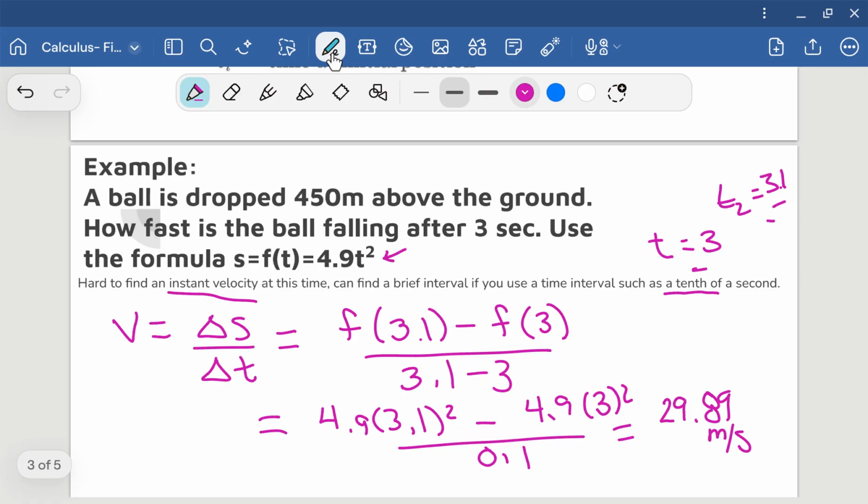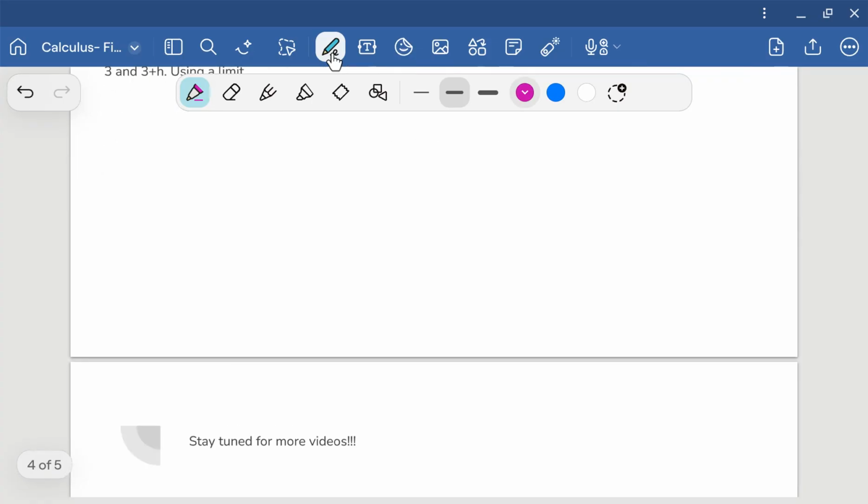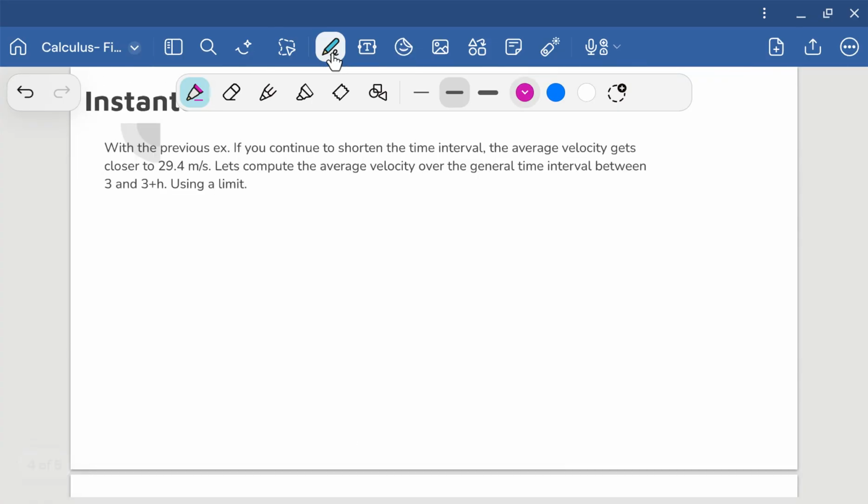Well, it's close, but again, we can make this time change on the bottom even smaller and smaller and smaller and see what we tend towards. If we're doing that, we are actually finding that instantaneous velocity. So if we keep shortening that interval, you'll see that your velocity is actually more 29.4. So we can do this by using a limit.